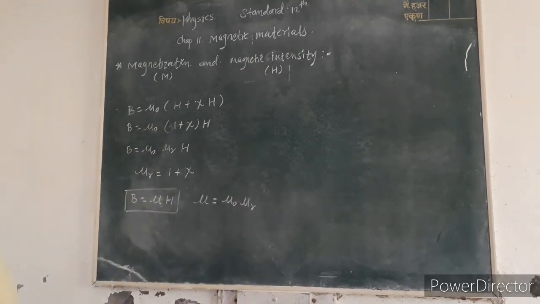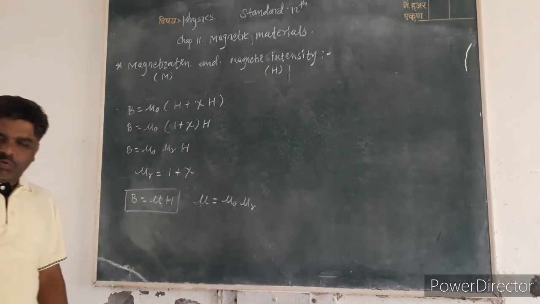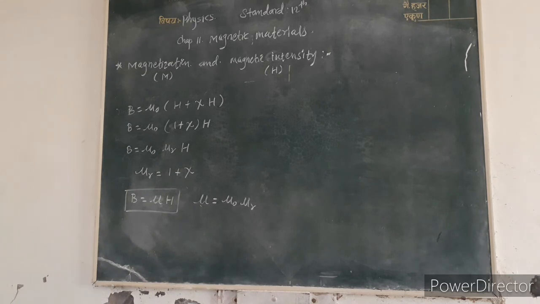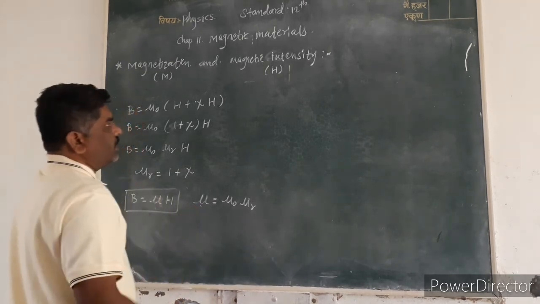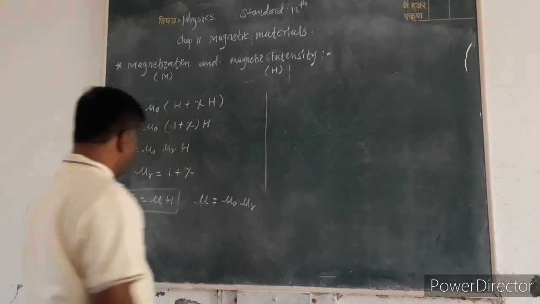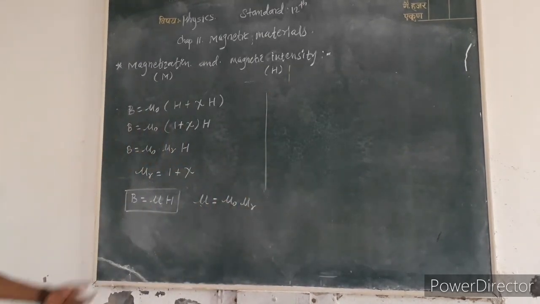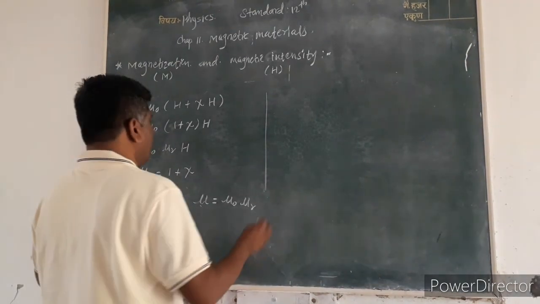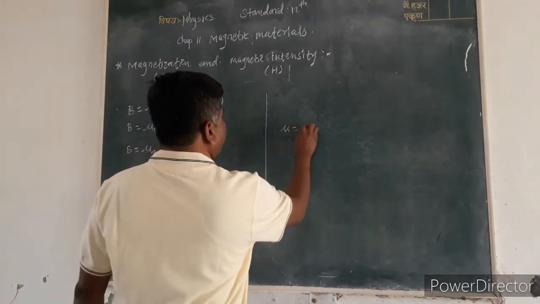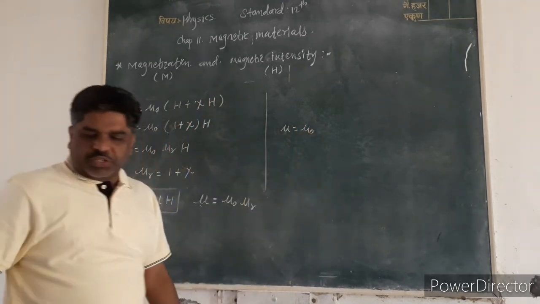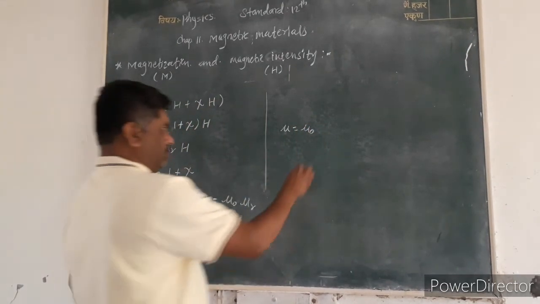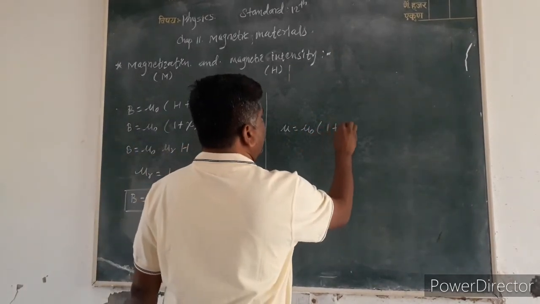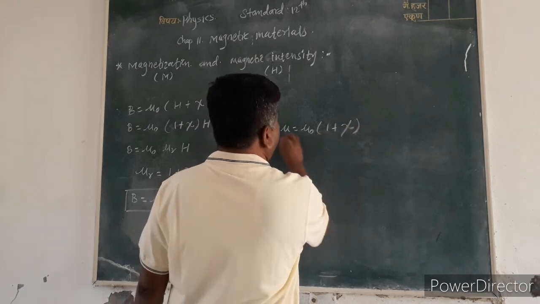This mu is a constant called magnetic permeability, and mu is equal to mu 0 into bracket 1 plus psi.